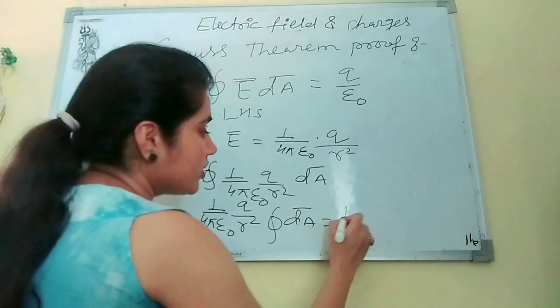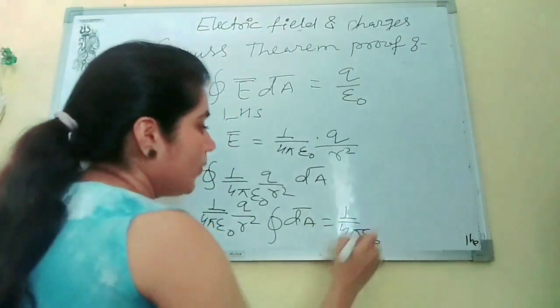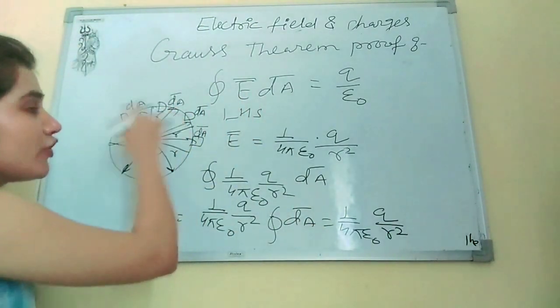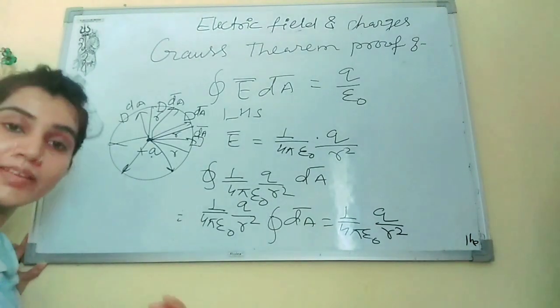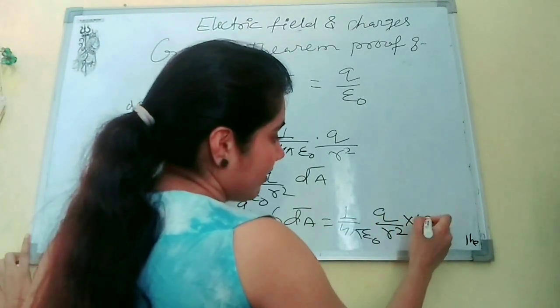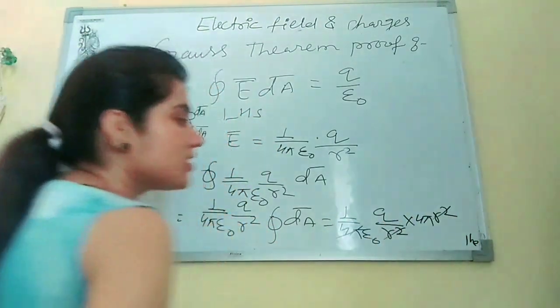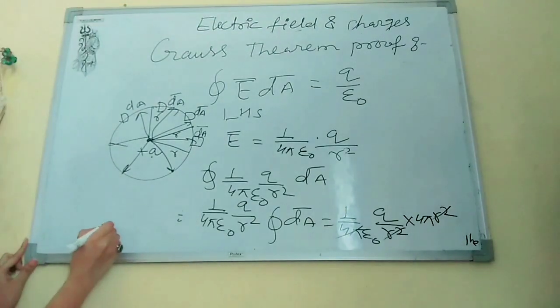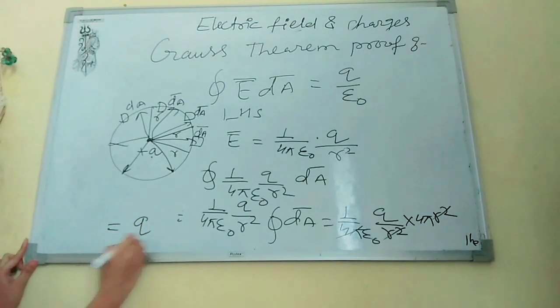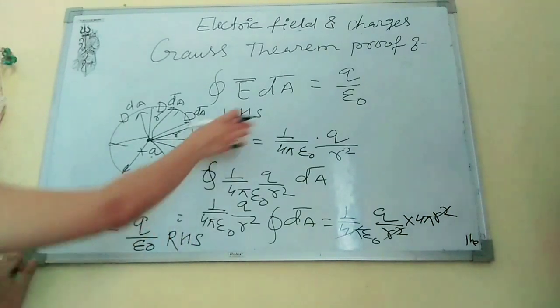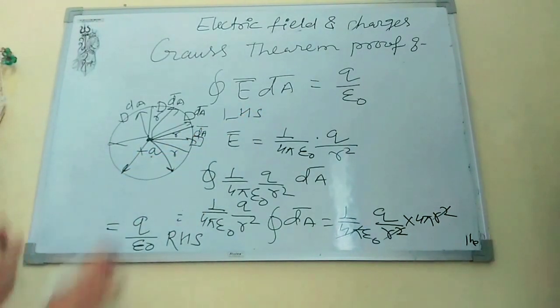So we simply put the area of the sphere, that is 4 pi R square, where 4 pi is cancelled out and R square is cancelled out. So we simply get Q upon epsilon naught, which is the RHS. So here LHS equals RHS. This is the proof of the Gauss theorem.